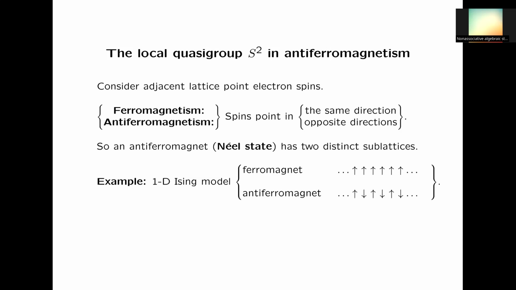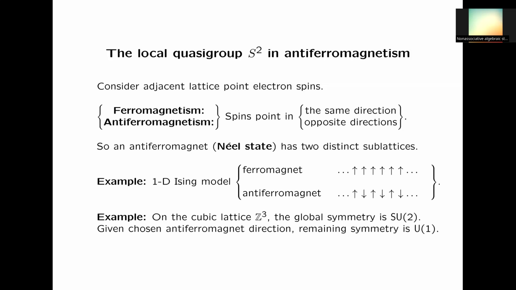So you see this most easily in the one-dimensional example with the Ising model. Ferromagnet, they're all lined up the same. The antiferromagnet, they keep alternating all the way through. And on the cubic lattice, where at each point you could get any direction for the axis, the global symmetry is SU2.